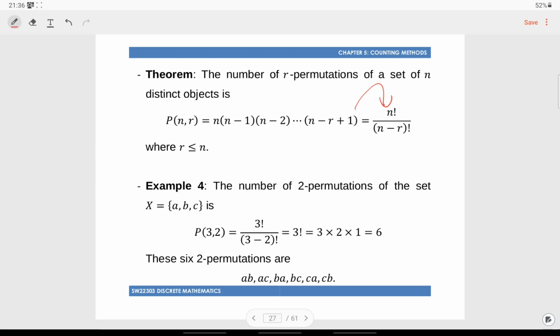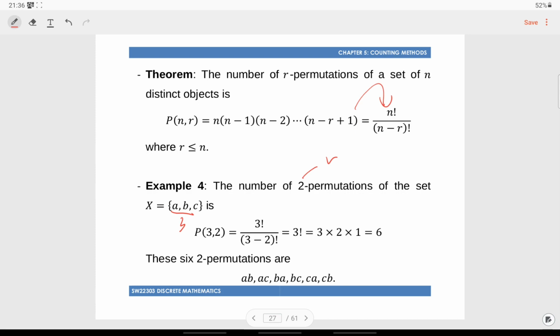Okay, so we start with example number 4: the number of 2-permutations of the set X equal to {A, B, C}. So r equals 2 and n equals 3. The r-permutation is P(3, 2). So we have P(3, 2) equal to n factorial divided by n minus r factorial, which is 3 factorial divided by 3 minus 2 factorial.